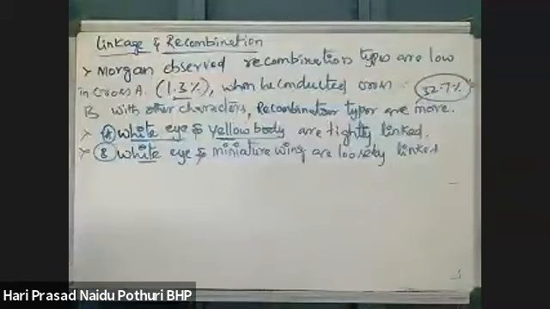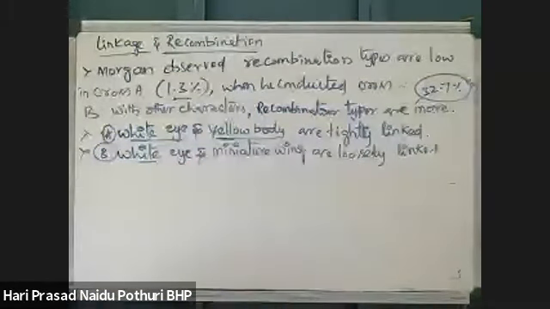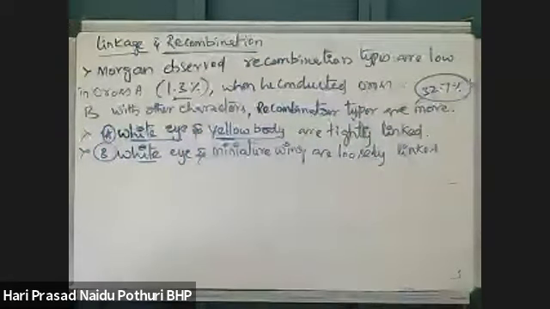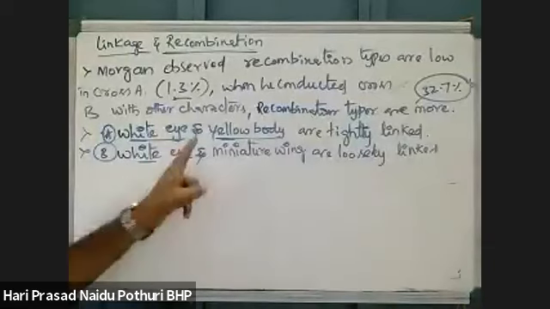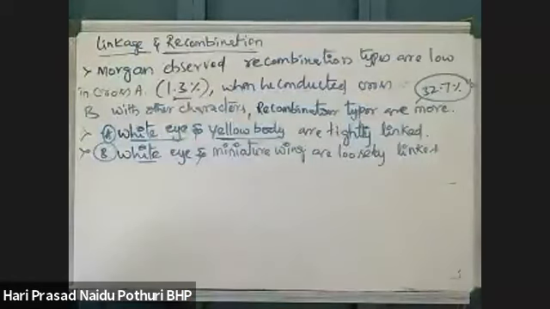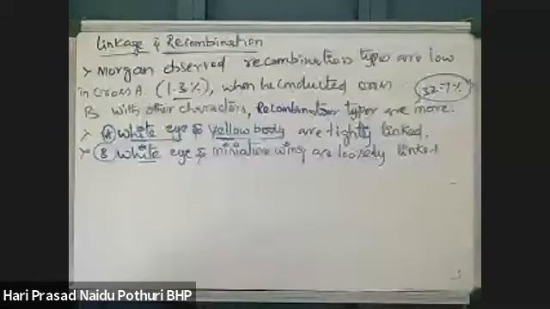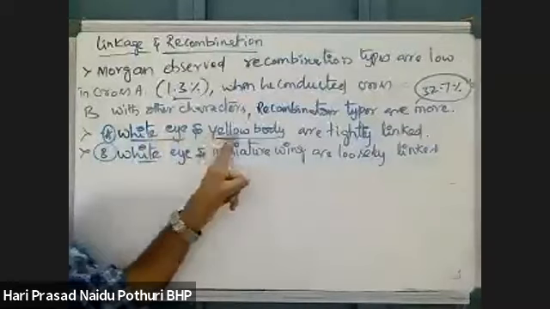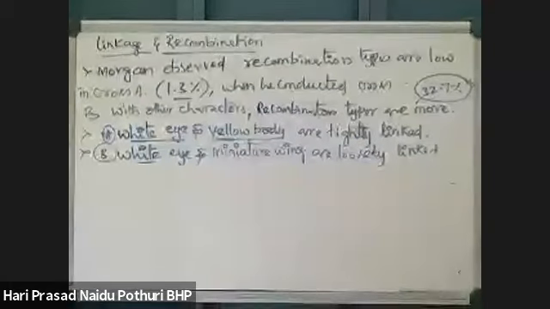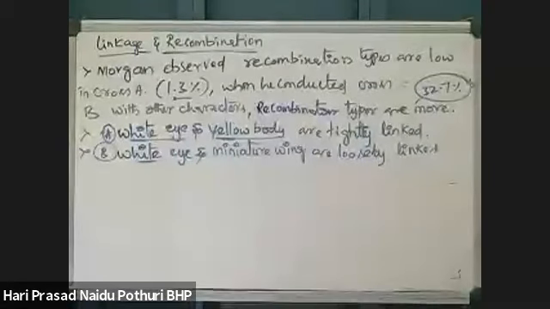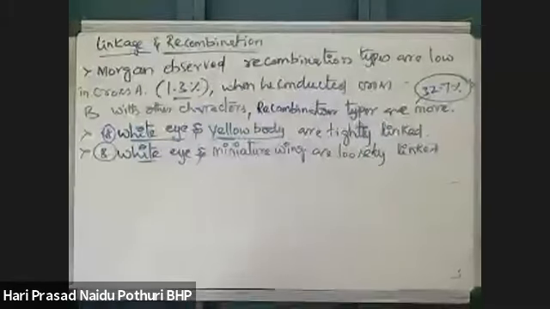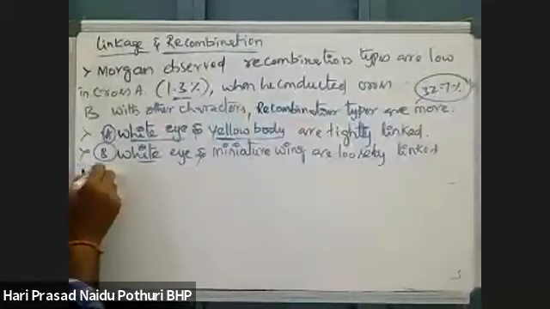Now we can say that genes are arranged on the same chromosome but at different distances. Genes which are tightly linked will give less recombination. Genes which are loosely linked will give more recombination. Take an example. If you see, take a problem. Suppose model 1.